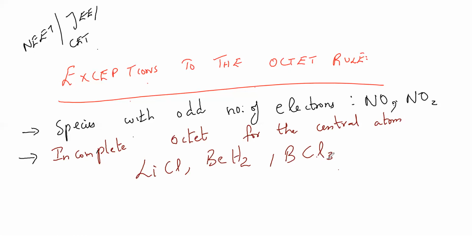Exceptions. Okay. The last one, expanded one. One is species with an odd number of electrons, incomplete octet, and the last one is expanded octet. This is my expanded spelling, EXPANDED. Expanded octet for the central atom.